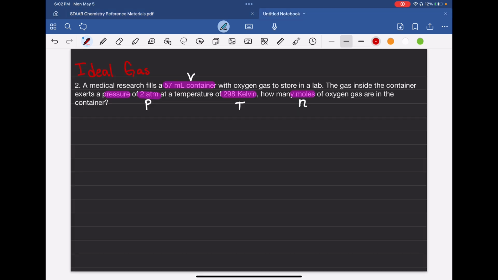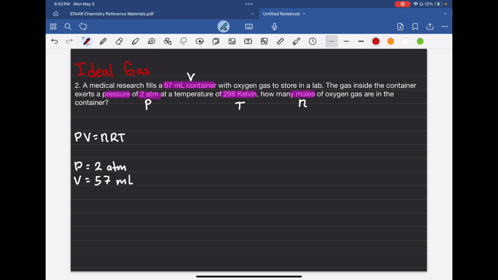So I'm going to write that formula here. Okay, so what we're going to do is write down our variables. Our pressure that they gave us is 2 atm. Our volume is 57 milliliters.